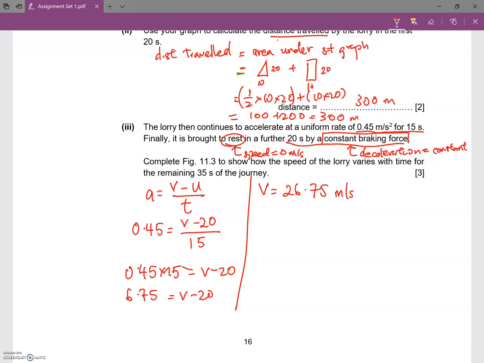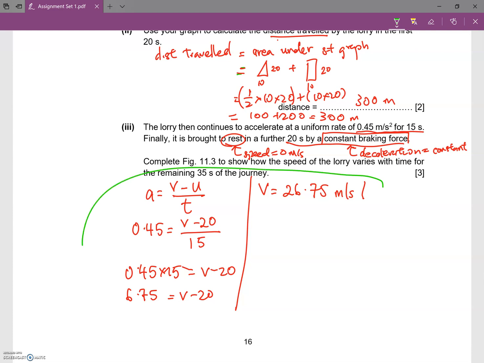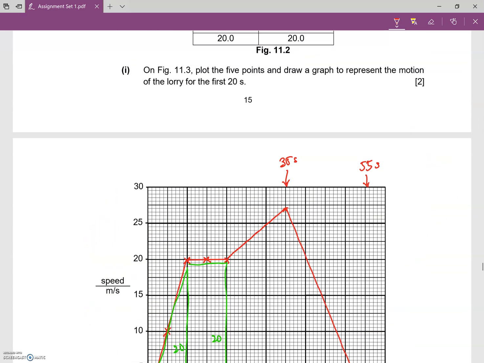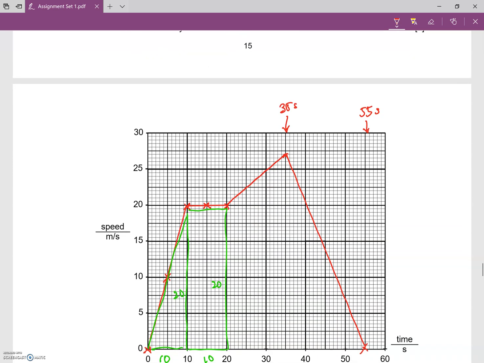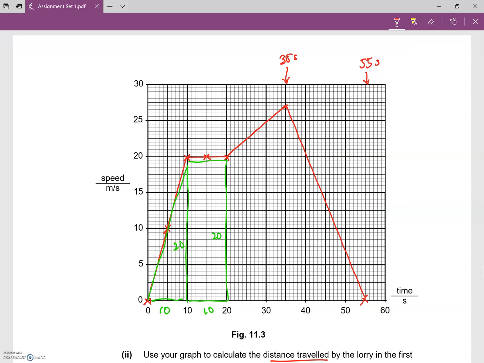The majority of the marks will come from you showing this part of your working. Let me use a green pen to circle this whole part. You must be able to calculate the speed at 35 seconds, which is over this part. Then you'll be able to get most of the rest of the marks. Okay, so that's all.